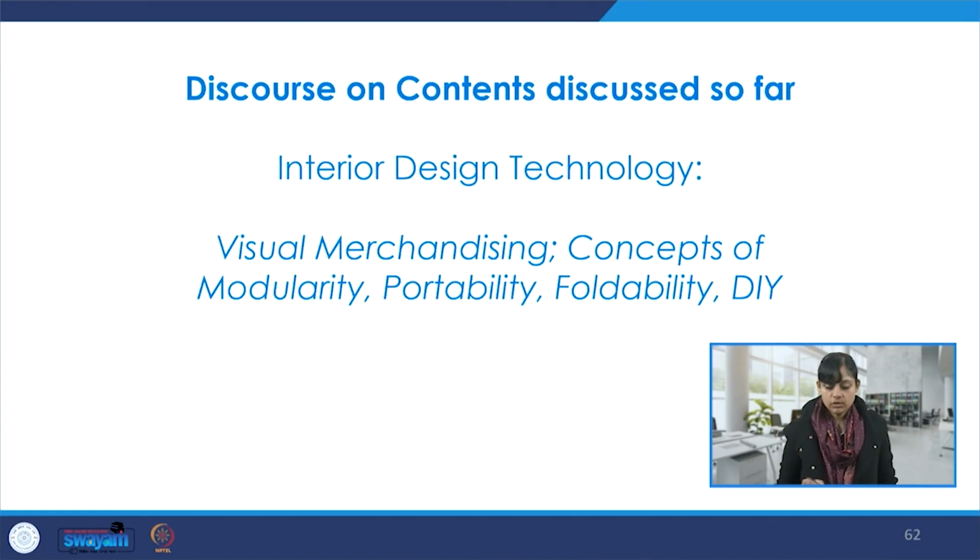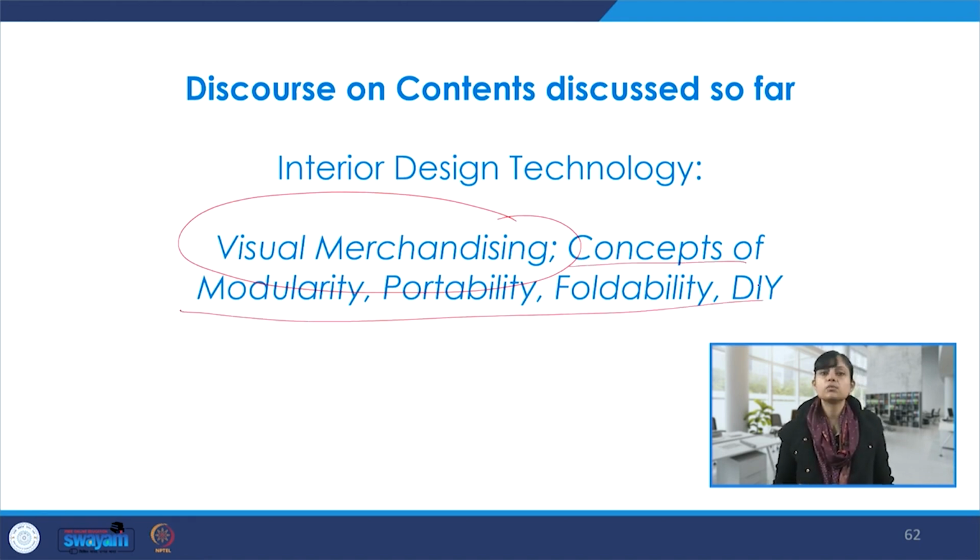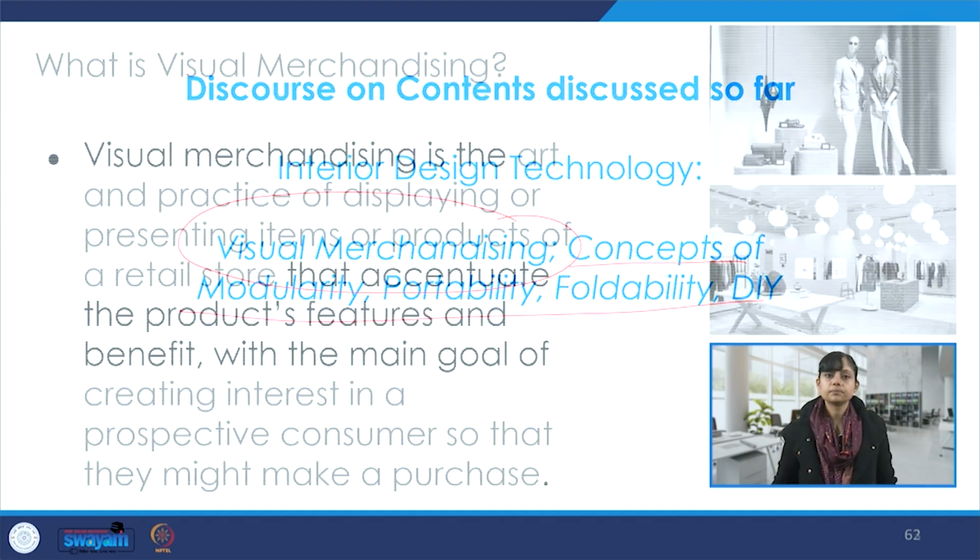Then moving on, we talked about the very important concept of visual merchandising, which is VM, along with interesting concepts such as modularity, portability, foldability, and do it yourself, which is DIY.